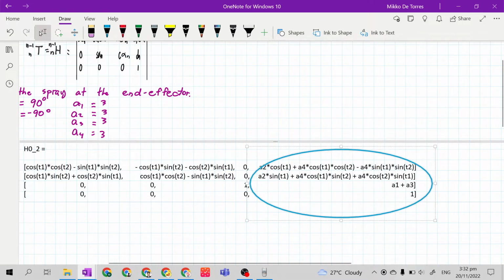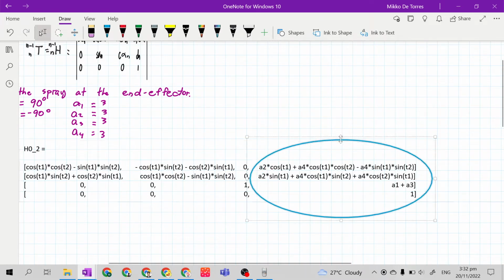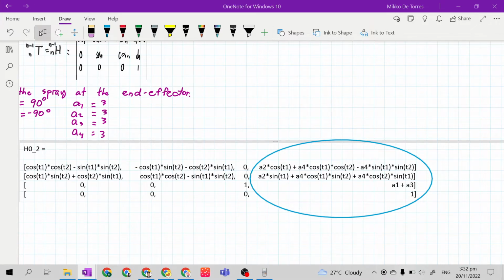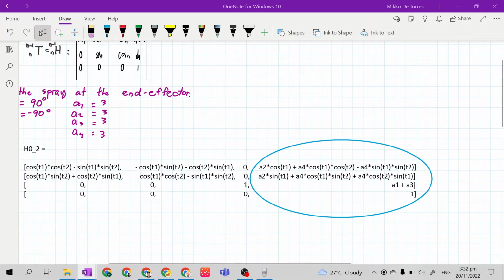This is the position vector, which we need to answer first, using the calculator.